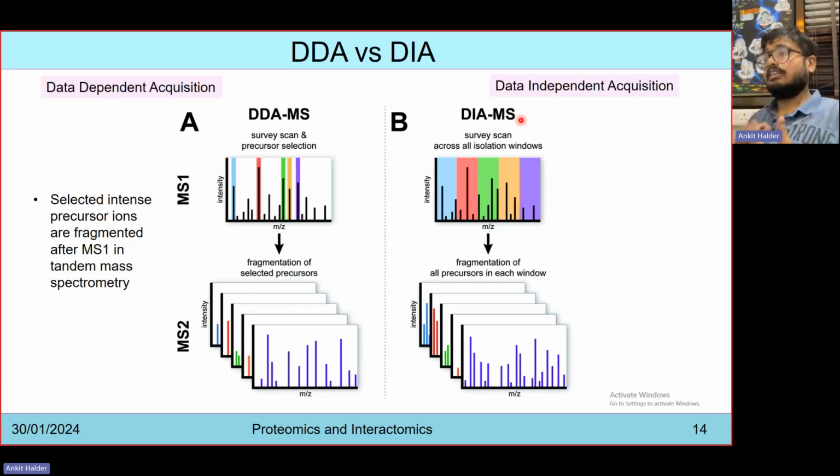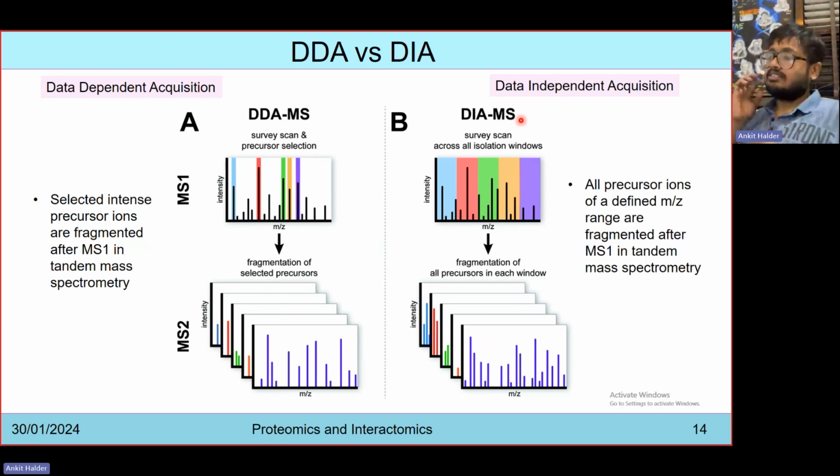Similarly, in a data independent acquisition, what we are doing is defining a range, and within that range all precursor ions of the defined m/z range will be fragmented and taken forward for analyzing. So here you are not trying to restrict fragmentation to only the intense precursor ions.